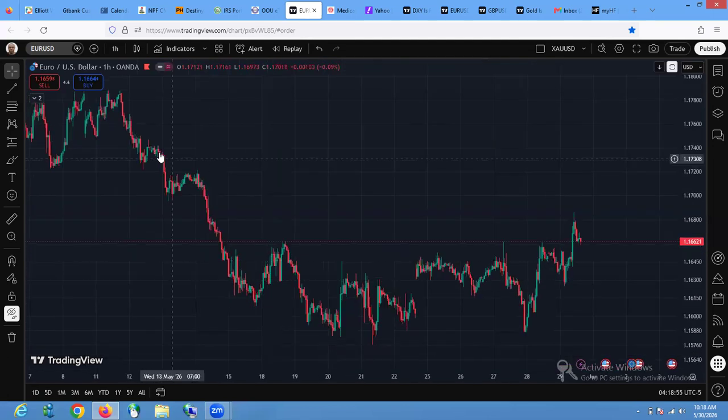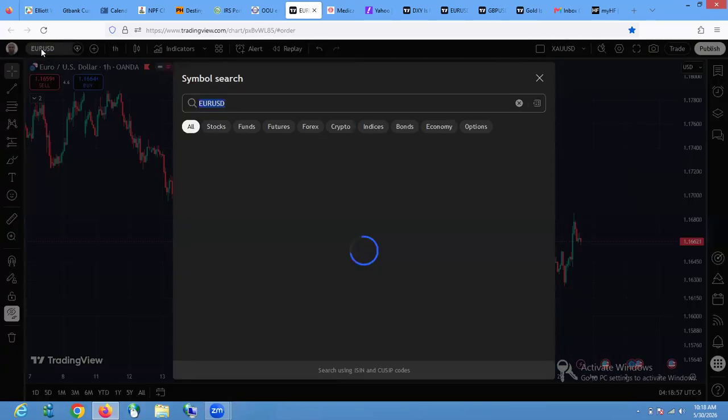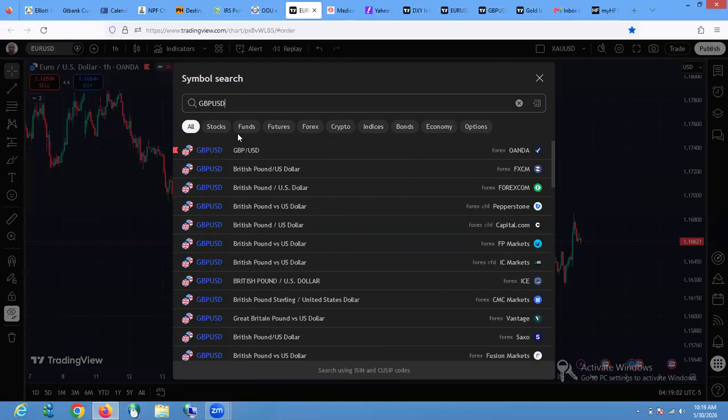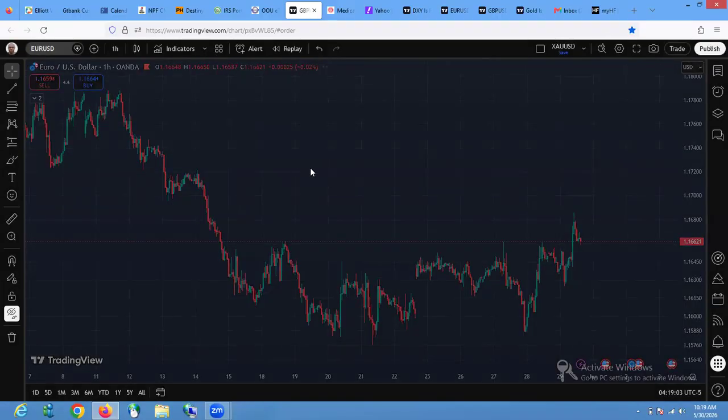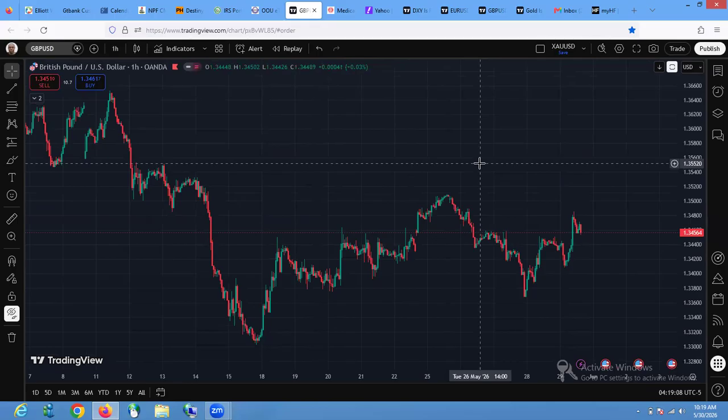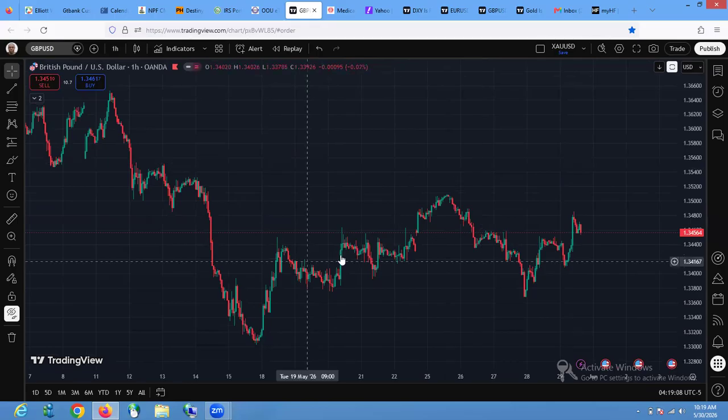Now, let's look at euro dollar. I'm sorry, pound dollar. Looking at pound dollar, what do we have? Pound dollar also is sending the same signal. What I can see here is this move.